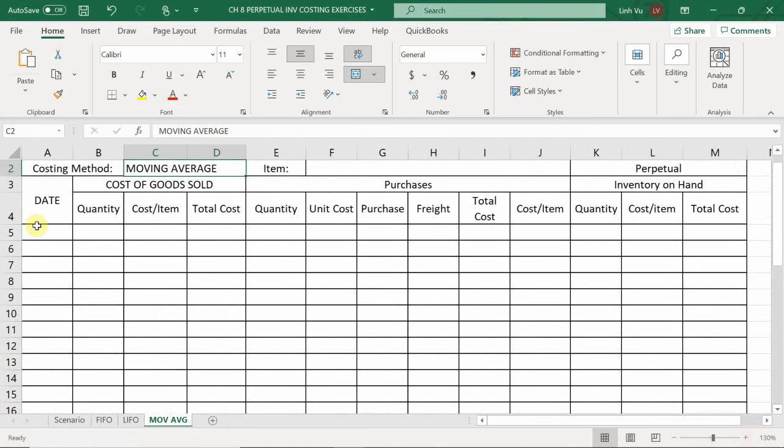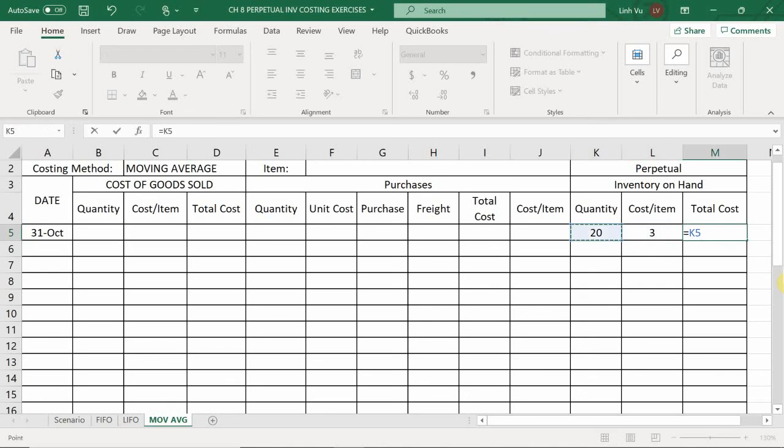Again, it is October 31st, and we're carrying over our quantity of 20 items at $3, which gives you $60. Now in this case we're doing moving average, so I need to change my formula to be the average cost per item.